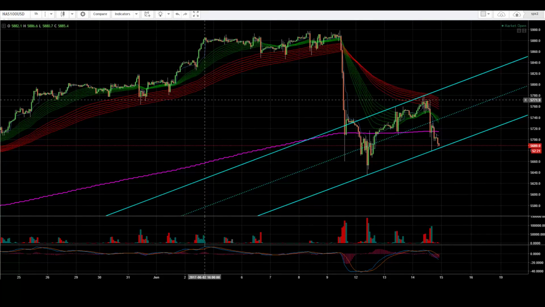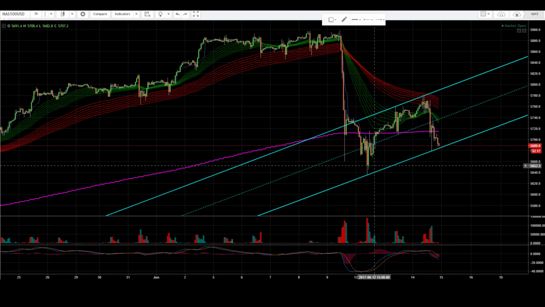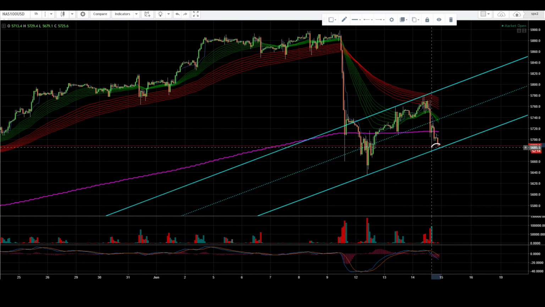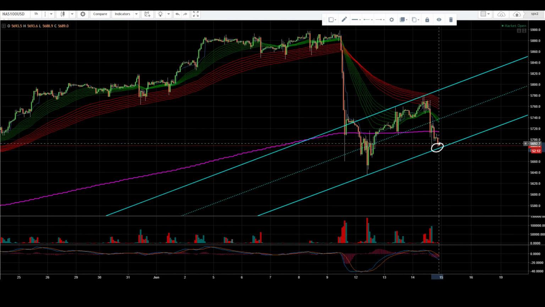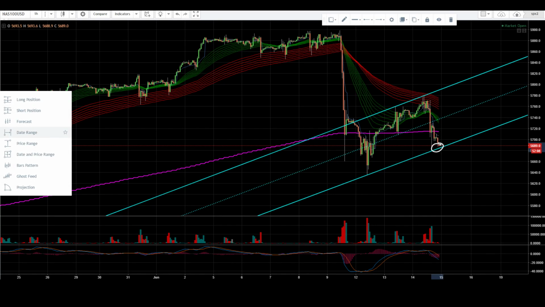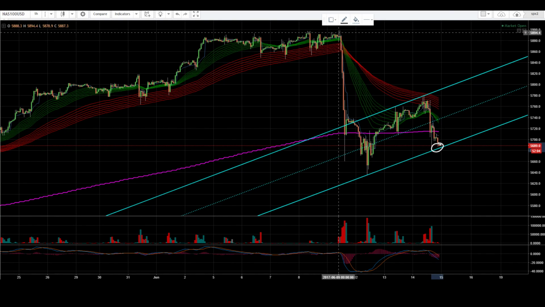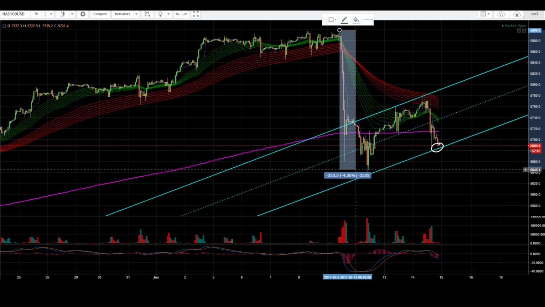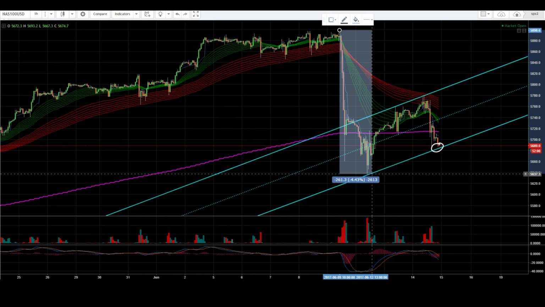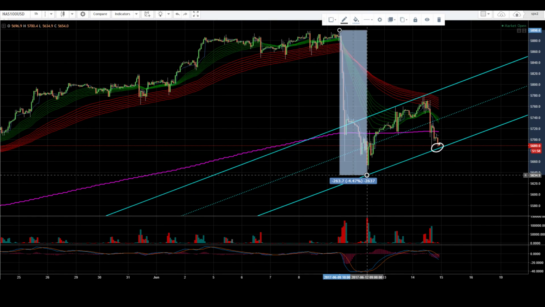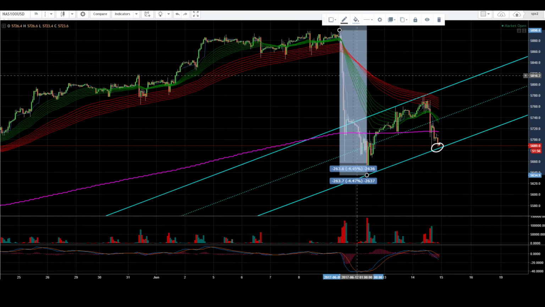This is a typical bear flag, right? Breakdown point. We're testing the breakdown point. So let's do a measured move. This is the measured move, aka how far it will fall if it breaks down.